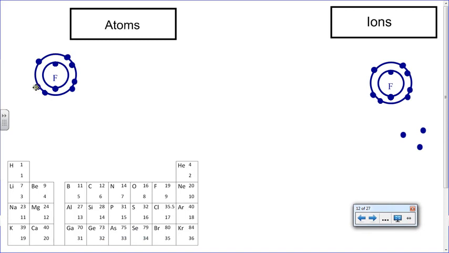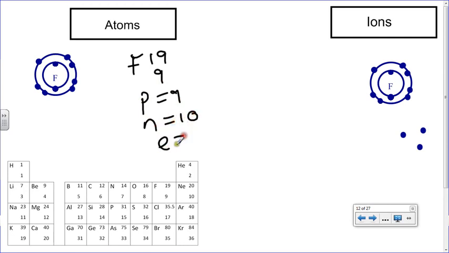It's in group 7, so it has 7 electrons. Let's have a look to see what is in fluorine. We've got 19, 9. So the protons are 9, neutrons are 19 take away 9. Electrons must be the same as the number of protons.